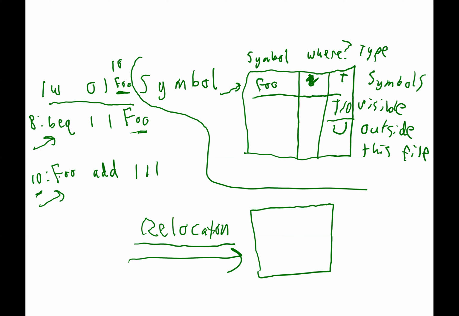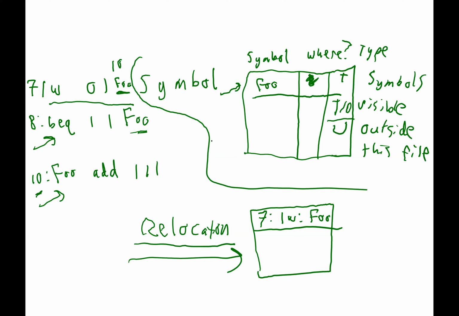So in my relocation table, because this instruction is going to move, I'm going to say instruction 7, it's a load word, and it's dependent on foo. And once I link everything together, I'll need to go through each of these elements and say, load word dependent on foo.